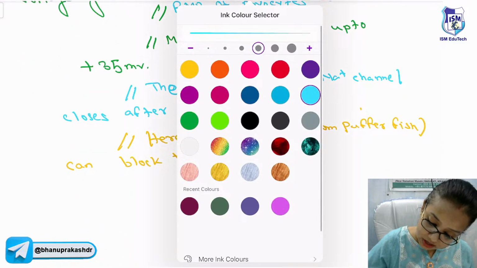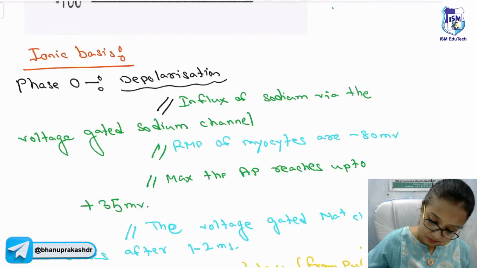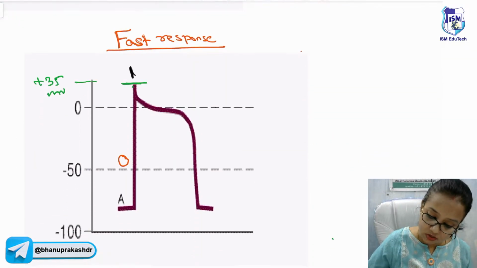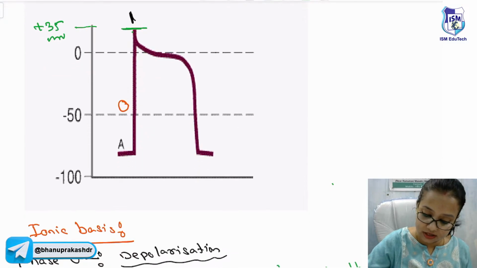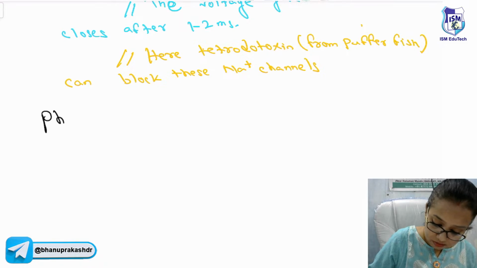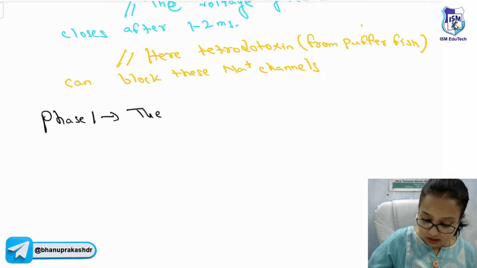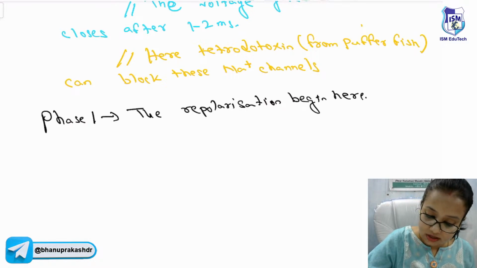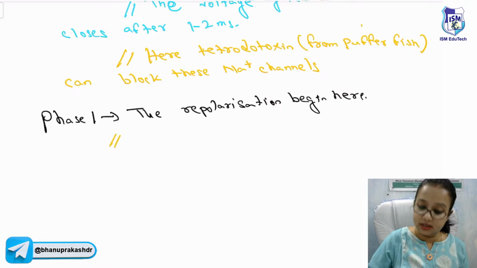Now coming to the next phase, that is phase 1, the incisura kind of a thing. Repolarization begins here. Now, what is the reason behind it?